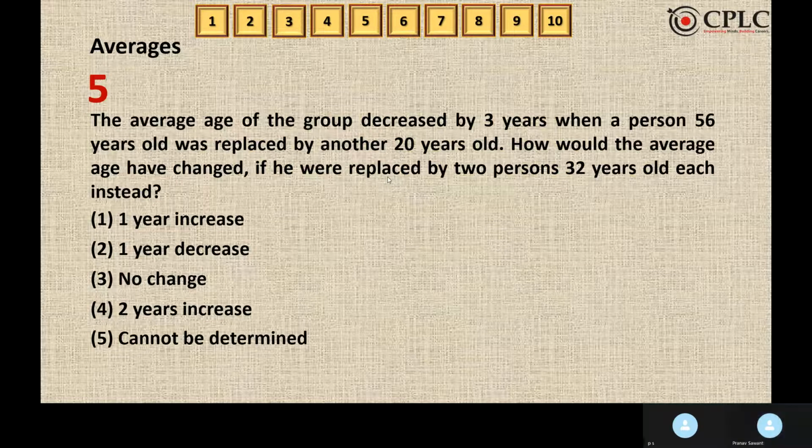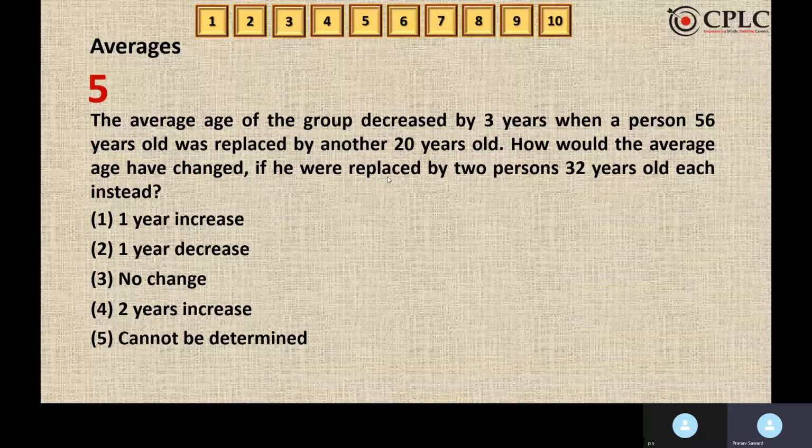If one person is taken out, we have to replace him by only one person. So one person cannot be replaced by two people. If we have to replace one person, I have to take one person inside instead of him. So by applying this logic, we can definitely mark cannot be determined as the answer.